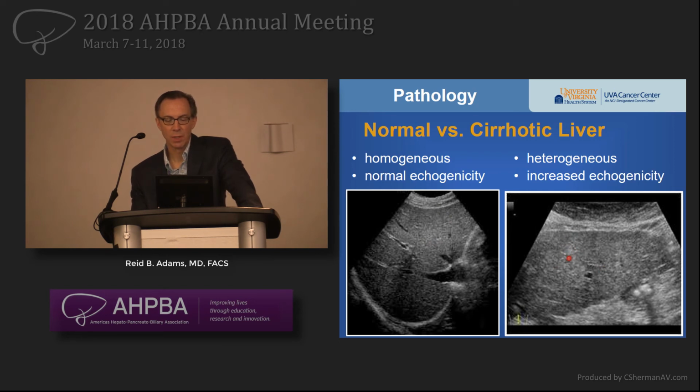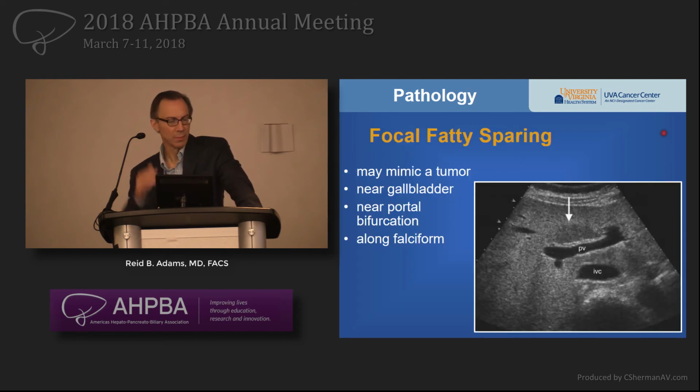You can see there are areas that are much more hyperechoic compared to the surrounding liver, so it's a variegated look in a patient that has cirrhosis, primarily due to the fibrous content within the cirrhotic liver. That typically results in increased echogenicity because of the fibrosis.